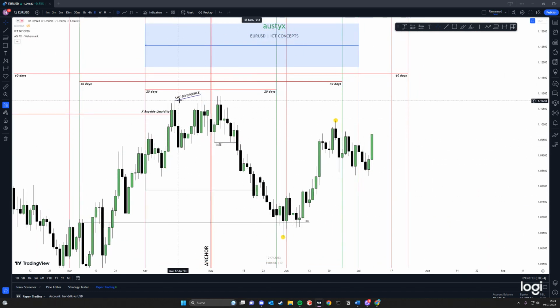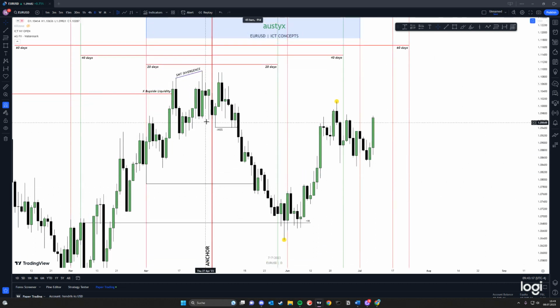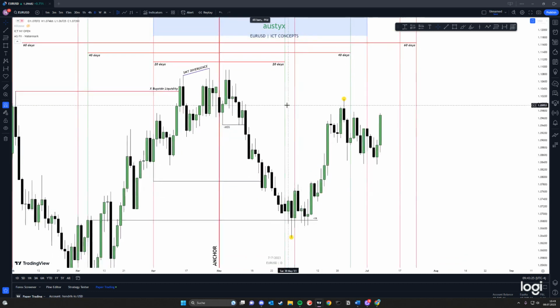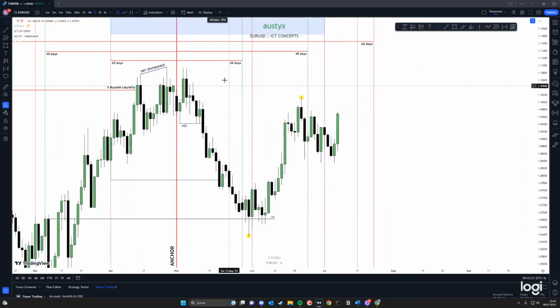We're going to look at the SMT divergence later, but you can see the 20-day forecast. It's pretty close to the low, which is basically the concept of the IPDA data ranges. And then you can see the 40-day being pretty close to this high, which is of significant importance.